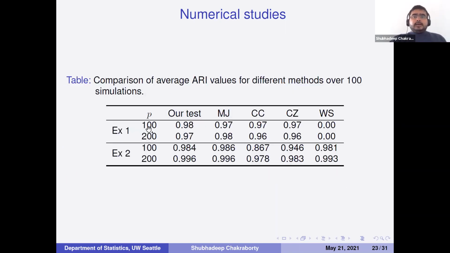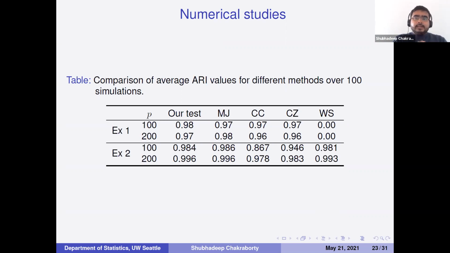This is the table showing the average values of the adjusted Rand index for the different methods over 100 simulation trials. Based on the significant change point estimates, we clustered the observations accordingly. The value of the ARI is between 0 and 1. It takes the value 0 in either of two cases.